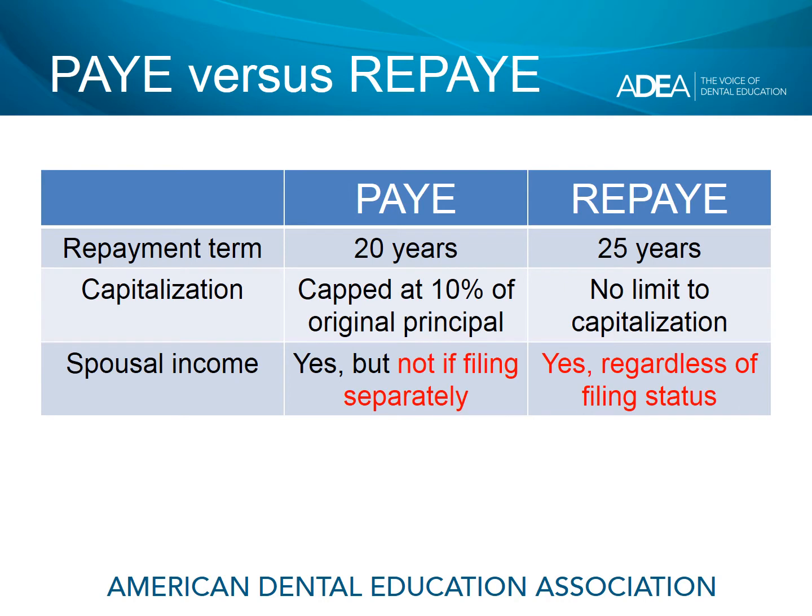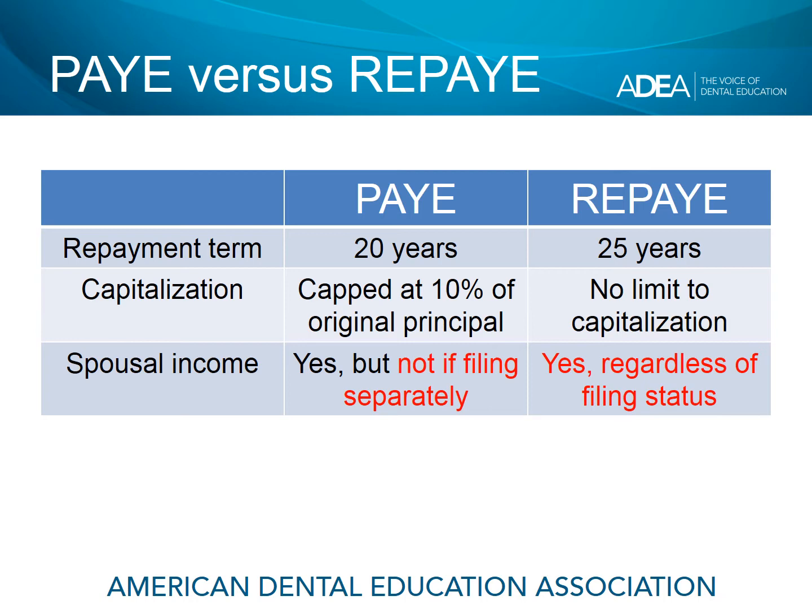Now, some additional differences. The repayment term with PAYE is 20 years. The repayment term with REPAYE is 25 years unless all the borrowing is for undergrad or college, at which point the term under REPAYE is 20 years. Clearly, for dental school graduates who borrowed, it's going to be 25 years.